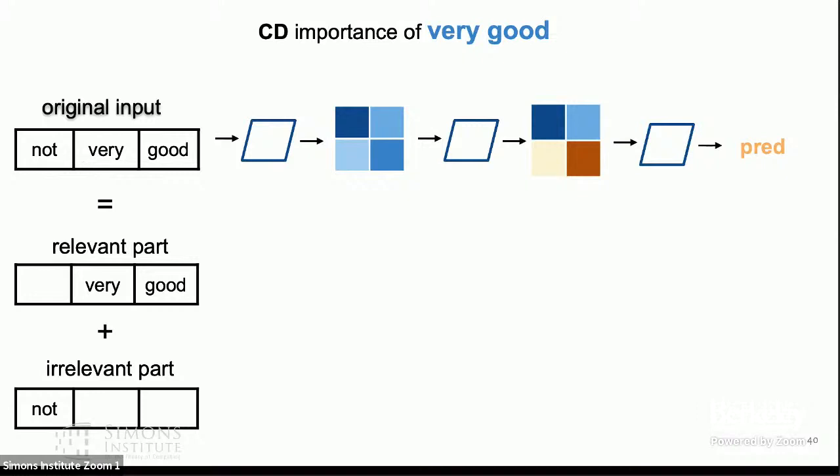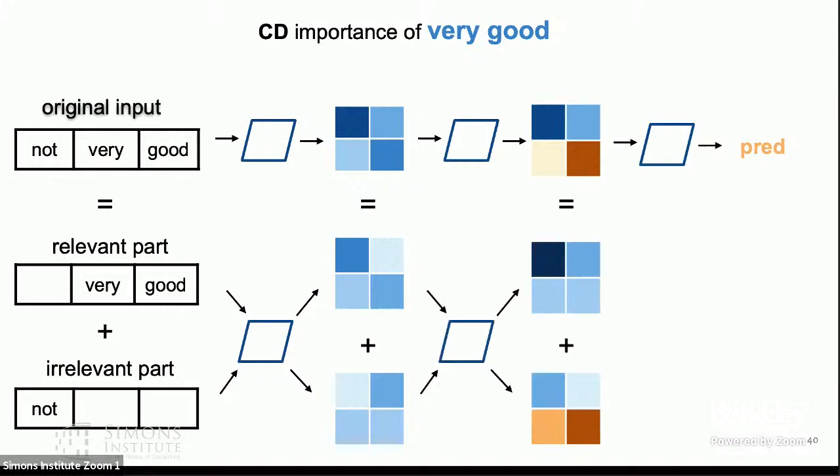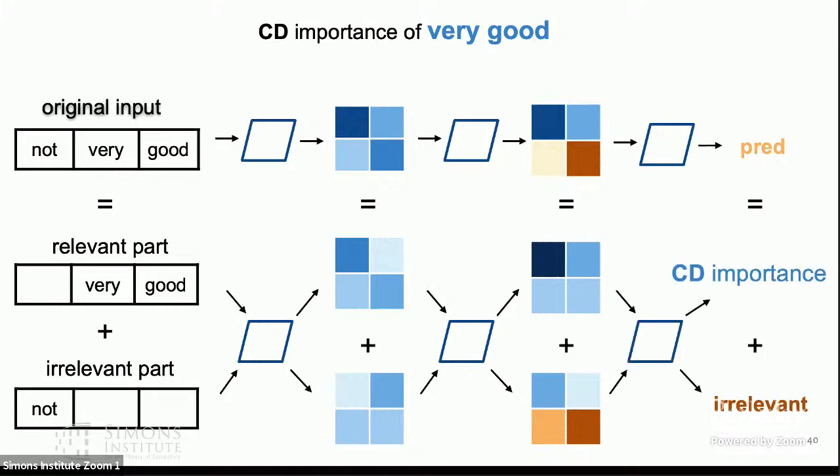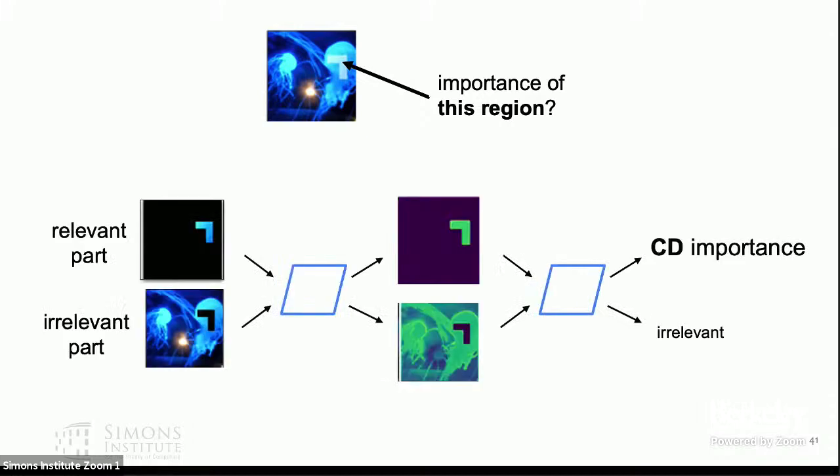You can ask, what's the importance of "very good," not just "not," "very," and "good"? And you decompose them. It's kind of a calculation approach. And you collect the different terms, let them run through the deep learning network, and then you end up with this importance for single words and also combination words. You can do the same thing for images. Similarly, you can get importance.